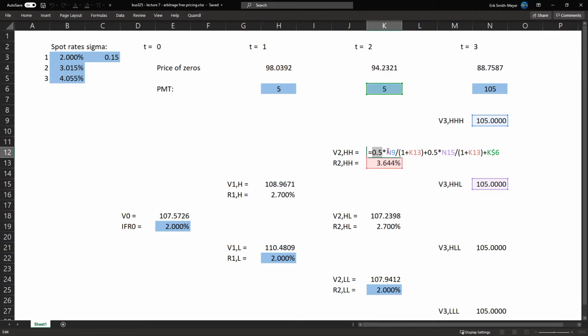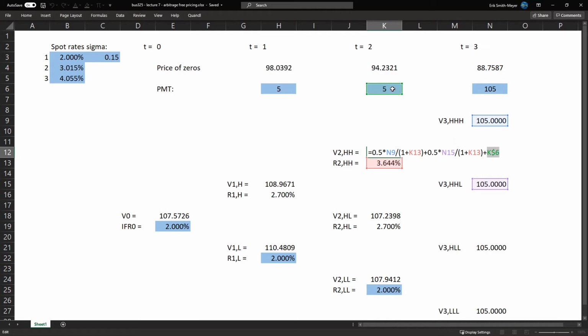And here you also get, at time 2, the cash flow from the coupon payment. So that's really important to remember.